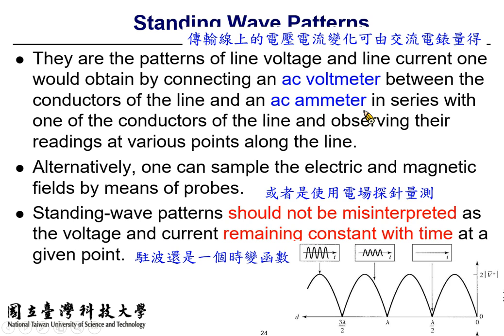You can measure the voltage and currents on the transmission line. So if you move your meters along the line with standing wave pattern, you will observe this kind of behavior.